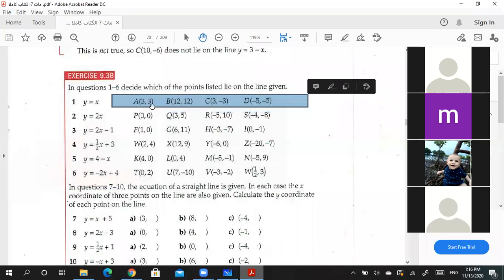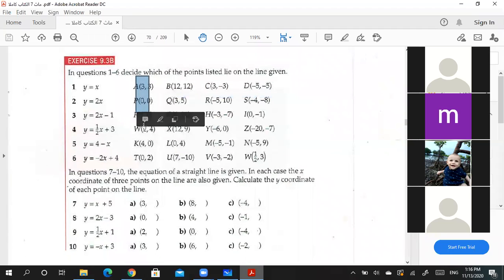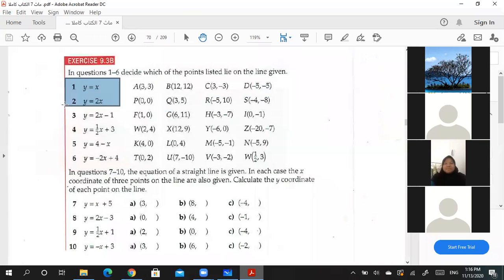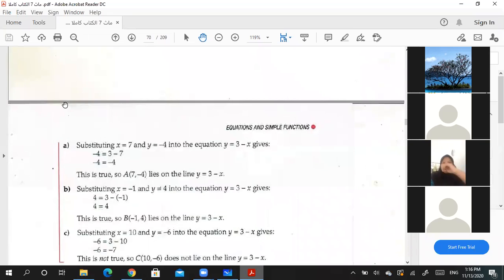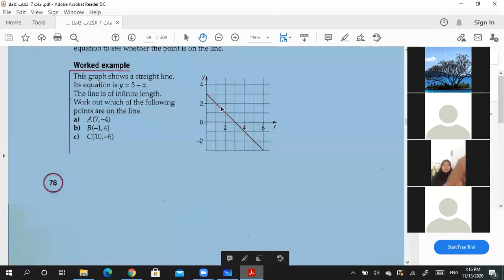So then you can choose points from the line, and then you test the points in the function. How can you derive the points from the line? You can take any point on the line, then you look at the x value and y value of that point.